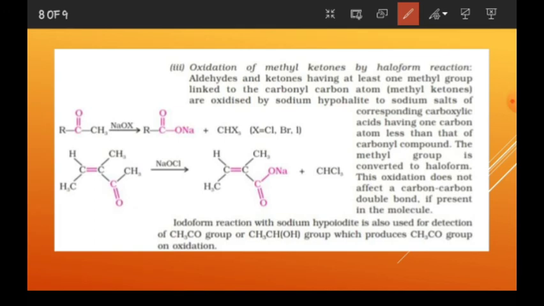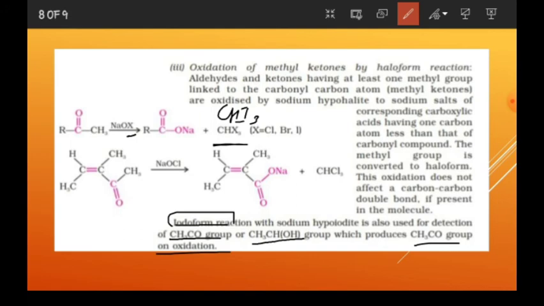Now see children, this test, particularly the iodoform reaction with sodium hypoiodite, is also used for detection of the CH3CO group or the CH3CHOH group, which produces the CH3CO group on oxidation. Now particularly if we use iodine here, we will get CHI3, which gives a very good yellow precipitate.